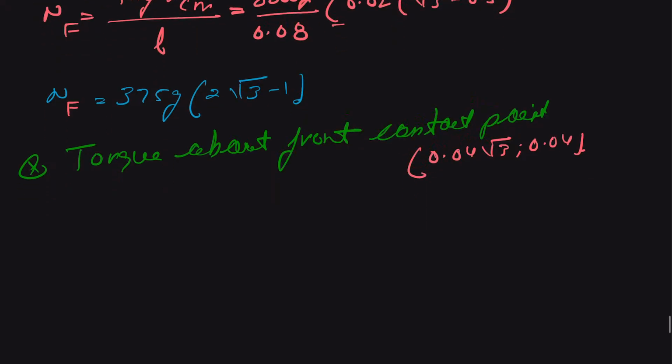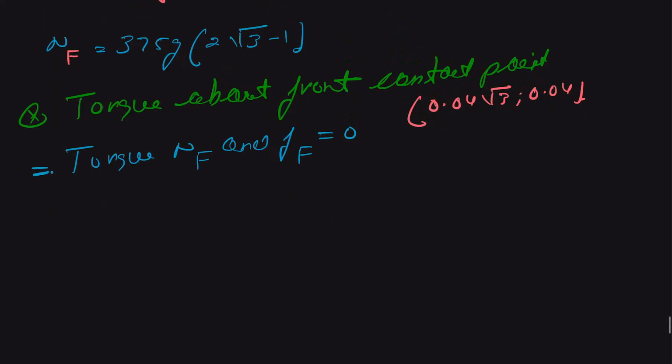Obviously, because of the front, the torque due to the normal in the front and the frictional force at the front will both be equal to 0.